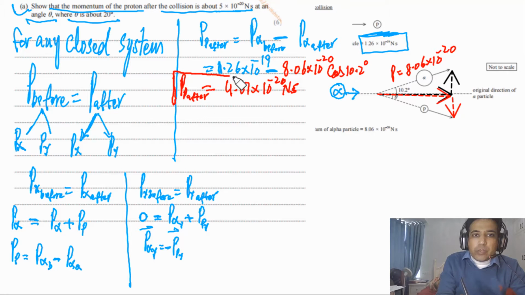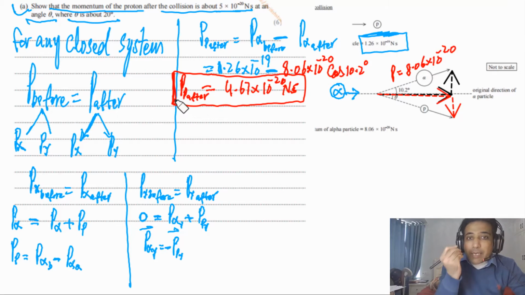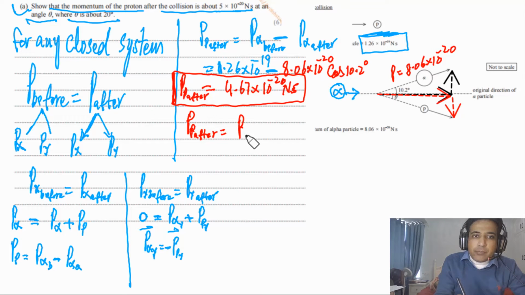This is a very important one. We need this one later, so we can draw a rectangle around it. Now the y component we have discussed. These two components are the same. So y component of proton after is equal to y component of alpha after.